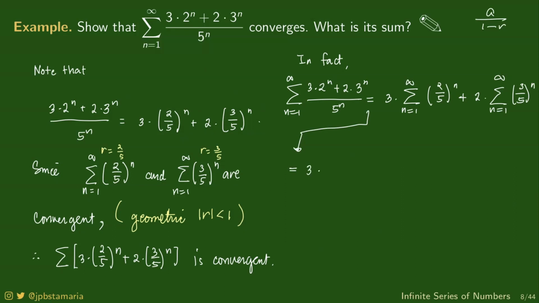Paano nyo malalaman? Let n be equal to 1. Ganun gagawin. Very good. So that's 2/5 all divided by 1 minus, ano yung ratio this time? 2/5 din, di ba? Tama ba si sir? 2/5 plus 2 times, this time, ang first term ay 3/5. Ang ratio ay 3/5 din.